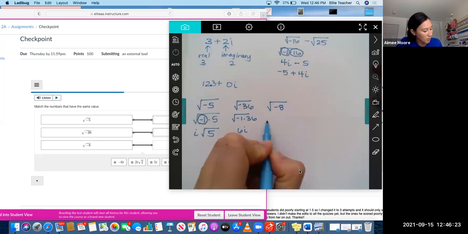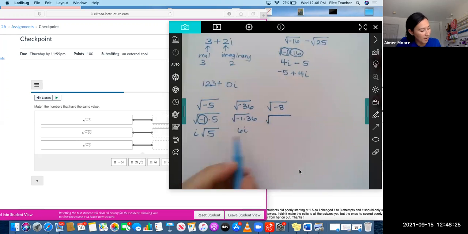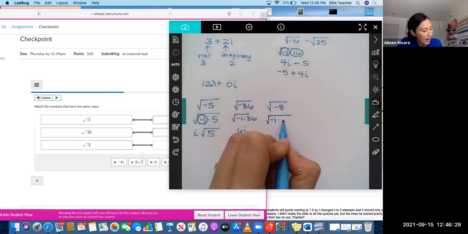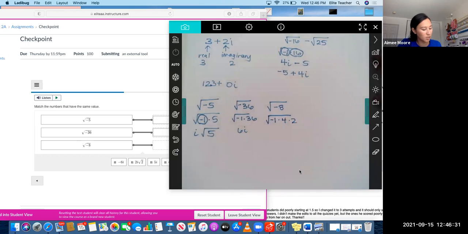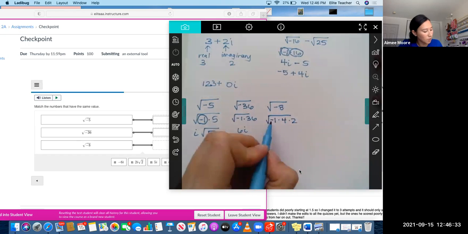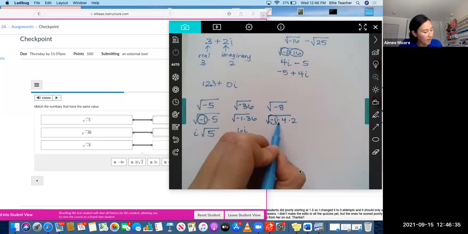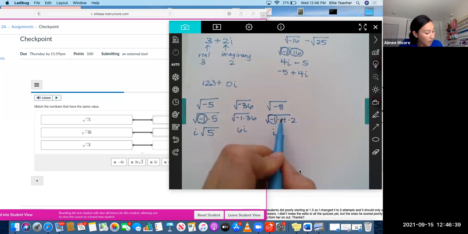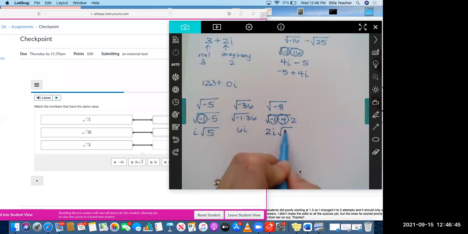Let's take a closer look. So if we do the square root, let's expand it first. So the square root, we know it's a -1, and then to get 8, we would do 4 times 2. So the square root of -1 is i, we know. The square root of 4 we can do, which is 2. So that's going to be 2i, and then we're still left with square root of 2.